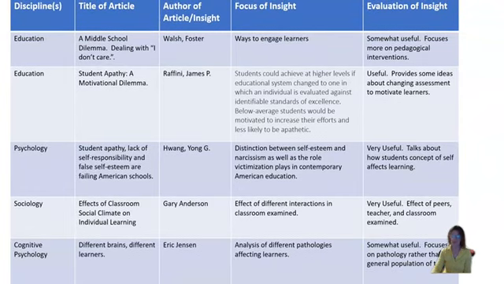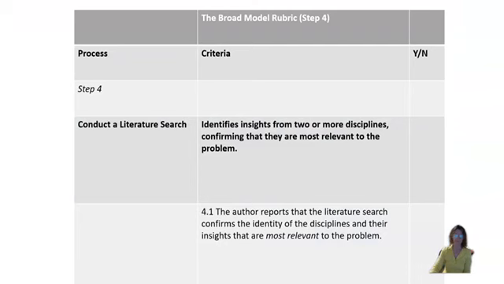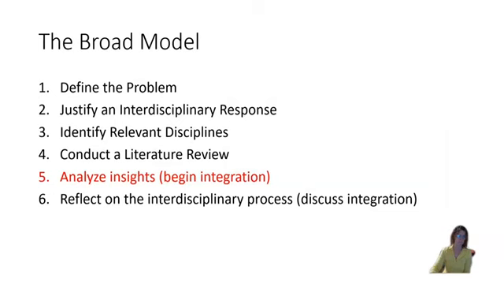Again, I won't go through it in detail, but you can see that they have some disciplinary perspectives identified here, the key insight or key idea that comes from that journal article, and then how helpful it is, so that when they get to actually write this up, they focus on only taking to the next step, step 5, the articles and the insights that are valuable to their exploration. And again, you can see that the criteria for step 4 is provided there.